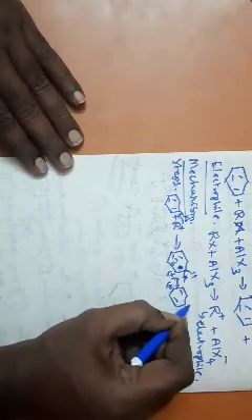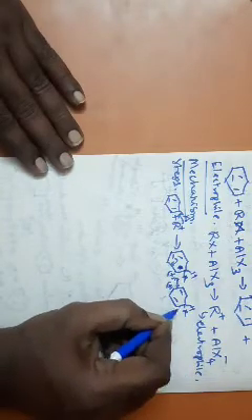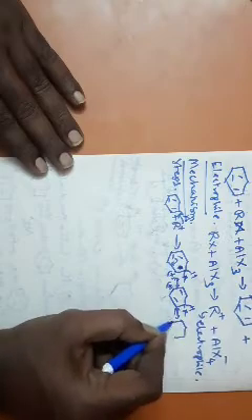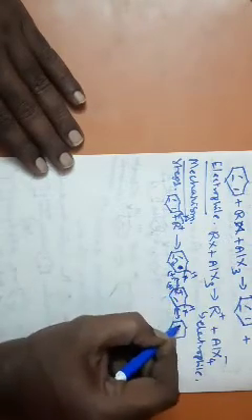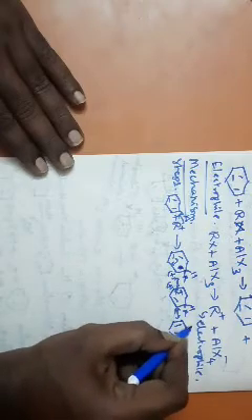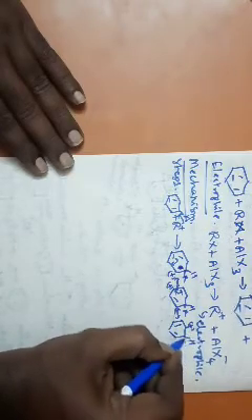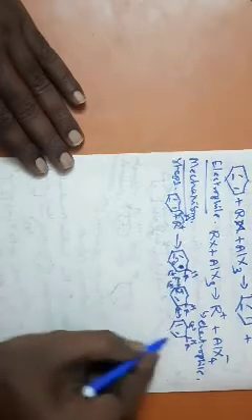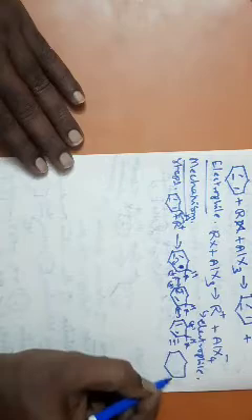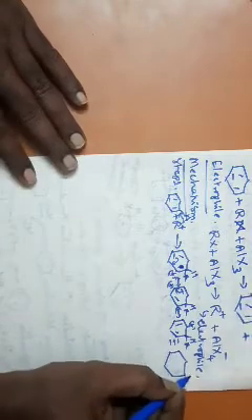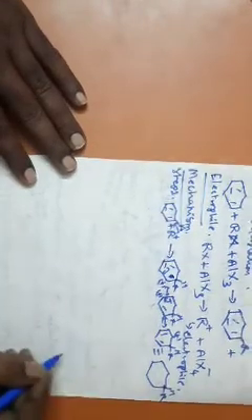The third resonance structure is this one, obtained by the delocalization of this carbon. Now the resonance hybrid is this one. I am repeatedly drawing the mechanism.